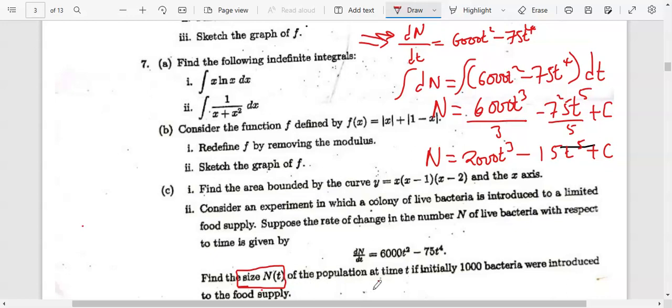Now remember, find the population n at time t. Initially 1,000 bacteria were introduced. So when the time was 0, that is initially, you had n being equal to 1,000. So we want to find the value for c. Put 1,000 for n, and put 0 for t.